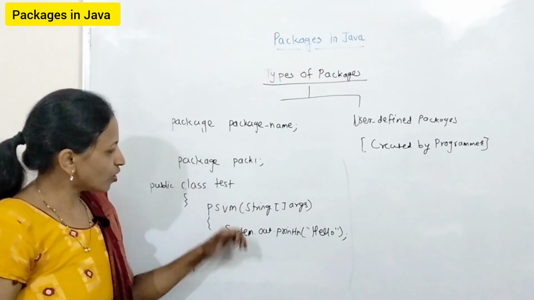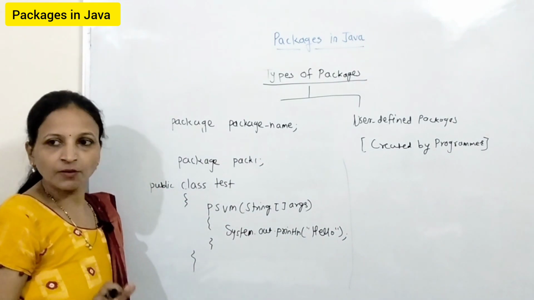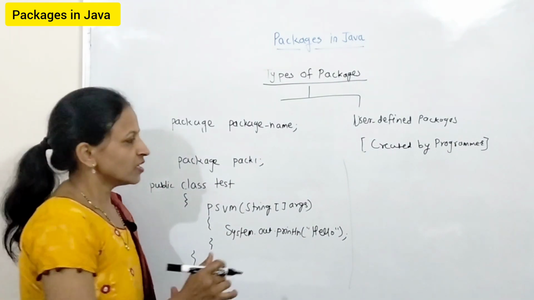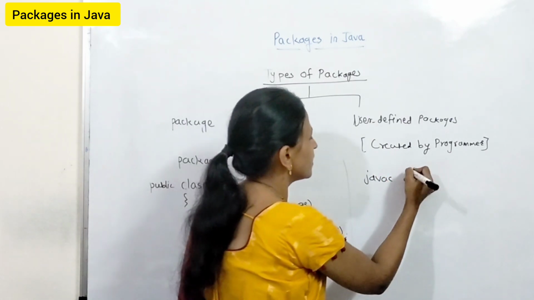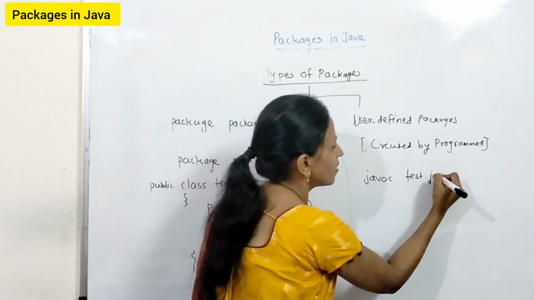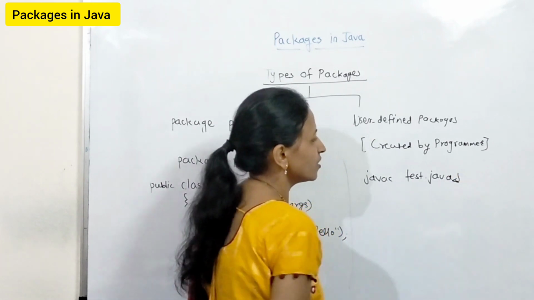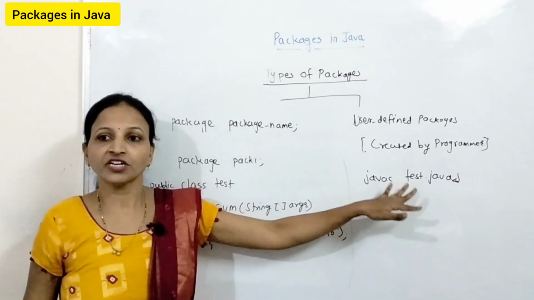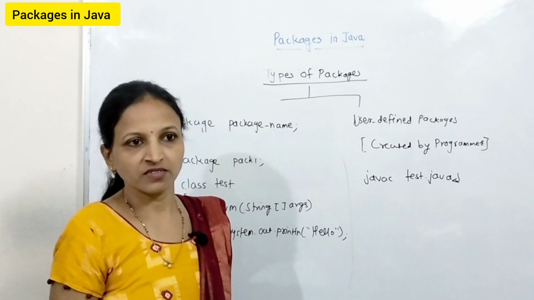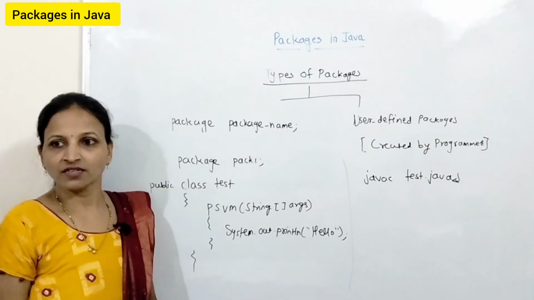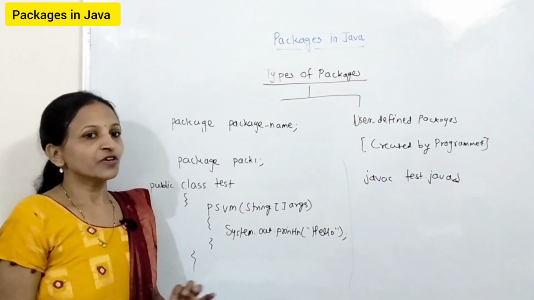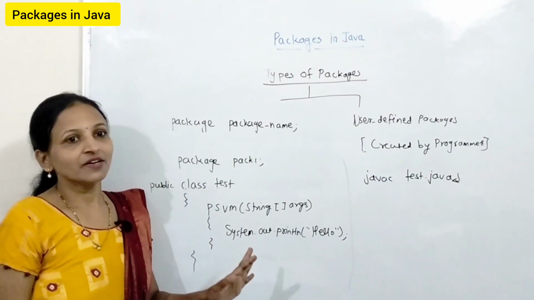Now suppose I want to just compile this. Normally how do we compile a Java program? javac, and then we write Test.java. Now tell me whether you will get any error or it will be compiled properly. You have written the first statement as a package statement. Of course you will not get any type of error.